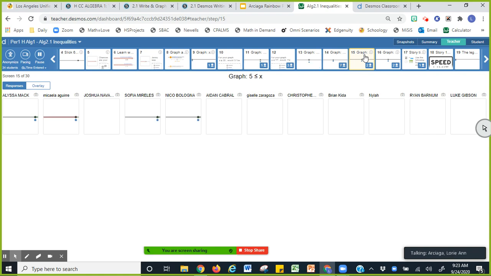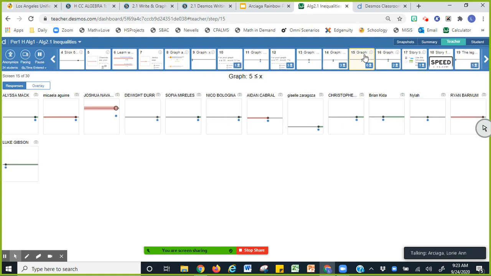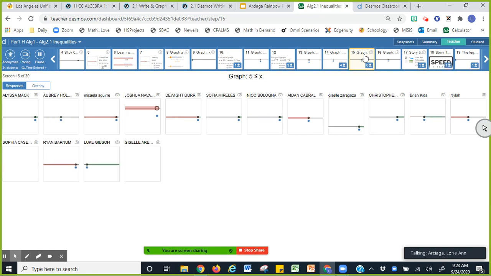For number 15, 5 is less than or equal to x. And this is the part that I was explaining earlier. So if we follow the rule that says the direction where the arrow or inequality is pointing is where the graph goes, right now I already see a lot of answers that need to be redone and corrected over here.